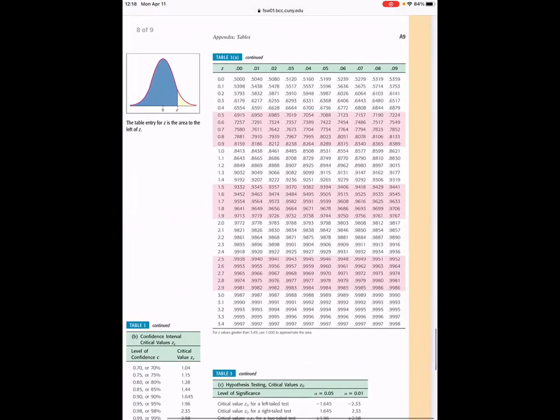Next to 1.2 there is 0.8849 and so on, and we take the one that corresponds to the hundredth 0.09, which is 0.9015.